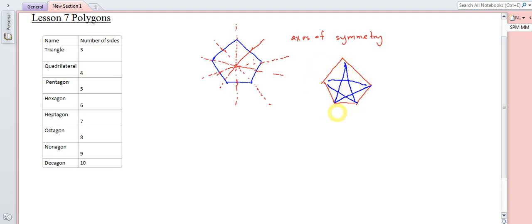This will be the diagonals for this pentagon. So we have 1, 2, 3, 4, 5 diagonals. So now you already learned two new things, axis of symmetry and the diagonal. So remember the terms axial symmetry and diagonal.